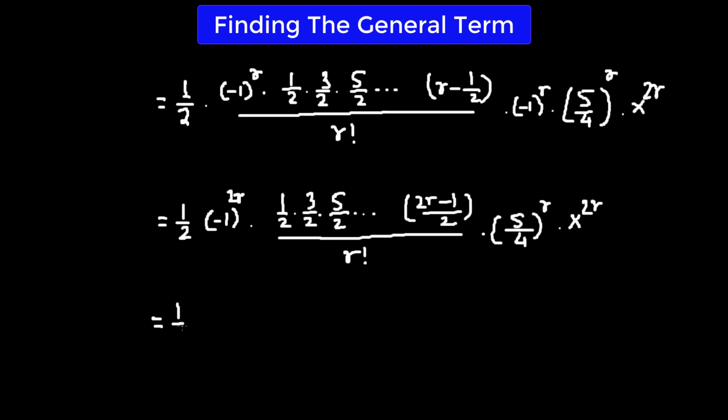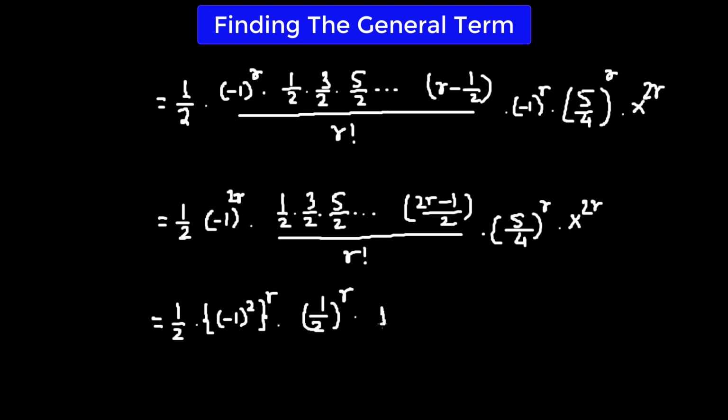We have half times, now we can rewrite it as ((-1)^2)^r, and we can see that here we have half times 3 by 2. The factor 1 over 2 is multiplied to each of the terms, so we combine them together, and since there are r number of terms, we get (1/2)^r.